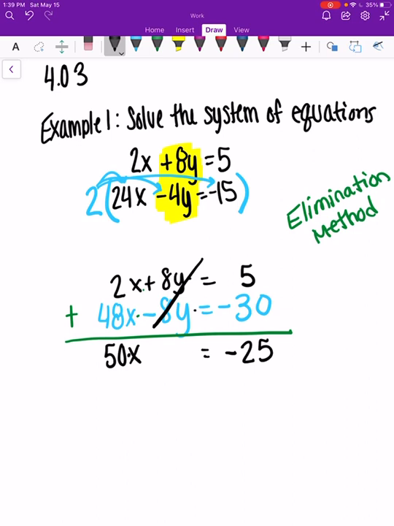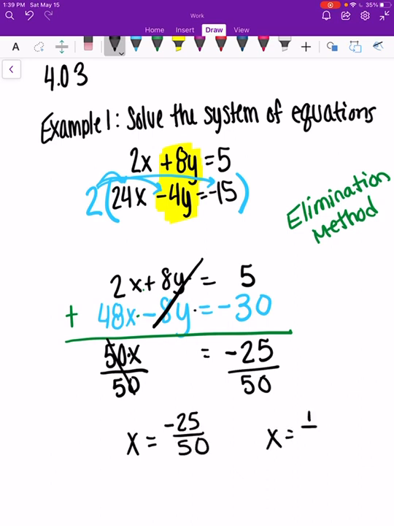Now 50 and x are being multiplied together, so I need to do the inverse operation and divide both sides of the equal sign by 50. The 50s cancel out, and I'm left with x equals negative 25 over 50. If I were to simplify that, it would simplify down to negative 1/2. Okay, that's important. I need that.